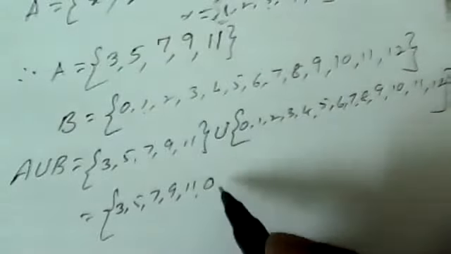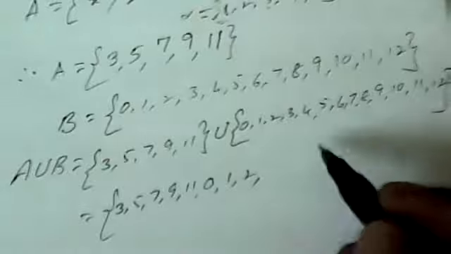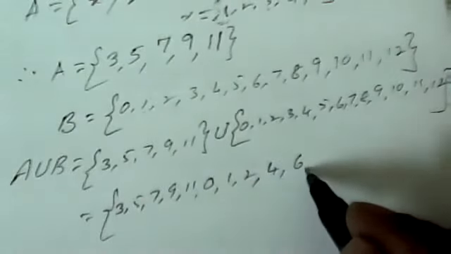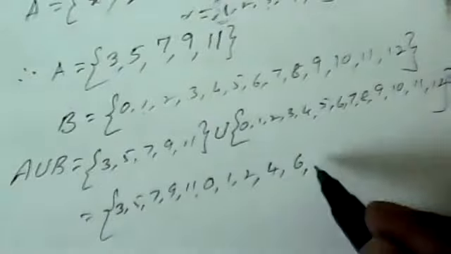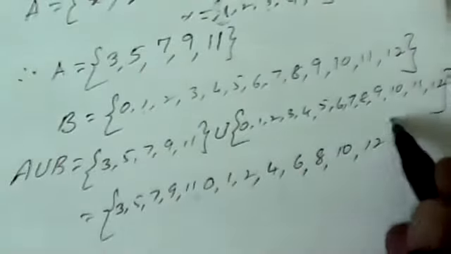Set of all elements of A I have written. Now go to B. 0, not there. So write down 1, write down 2. 3 we have already written. Repetition won't occur in sets, so no need to write that. 4, 5 is there. 6, 7 is there. 8, 9 is there. 10, 11 is there. 12.